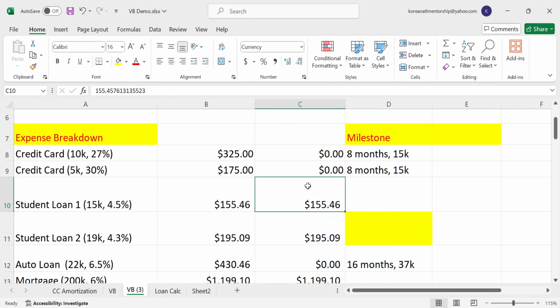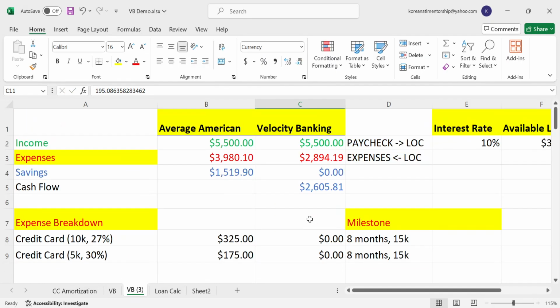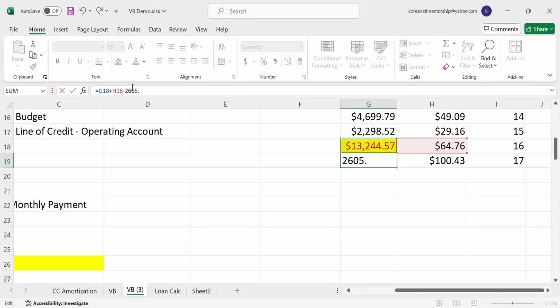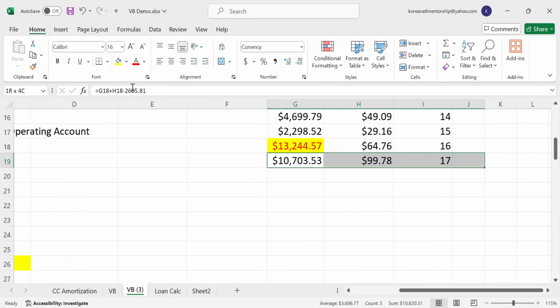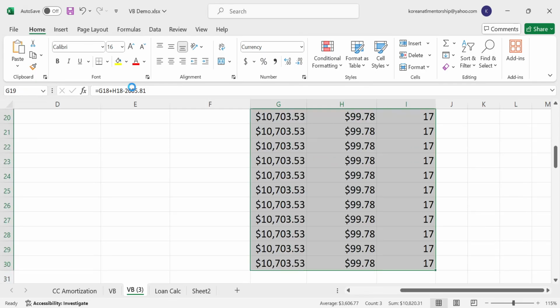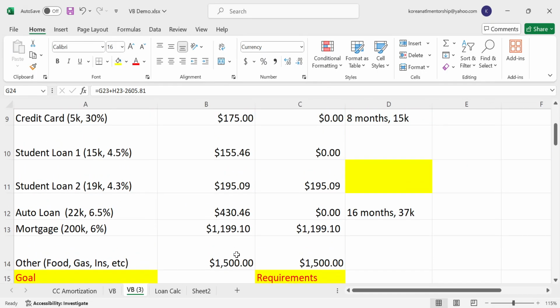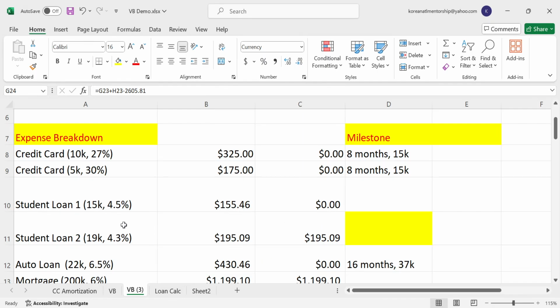So guess what? This goes to 0, and then now it's 2605.81. So 2605.81. Okay, and now what we do is just copy and paste, right? And then bam, 22 months, we're good. So let's go ahead and do this with this next one.